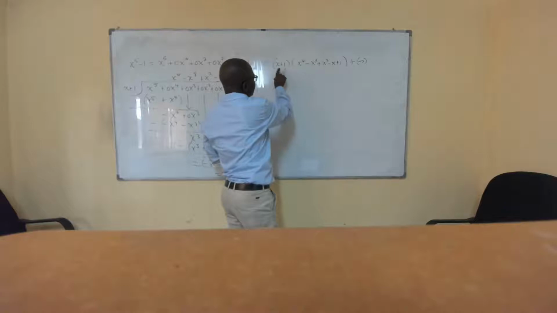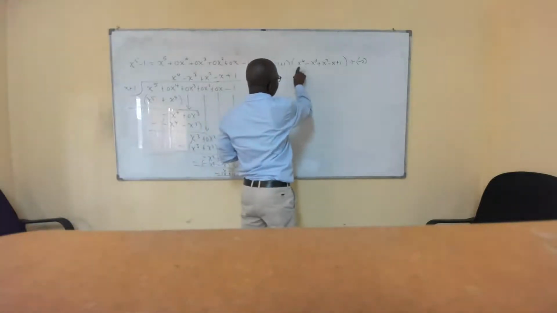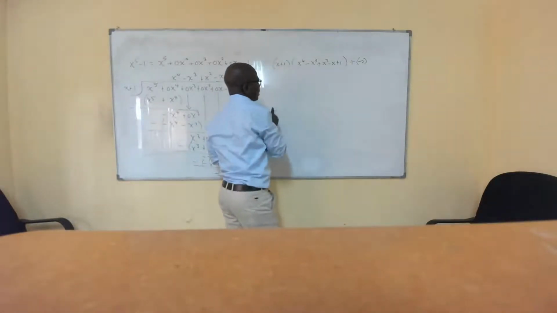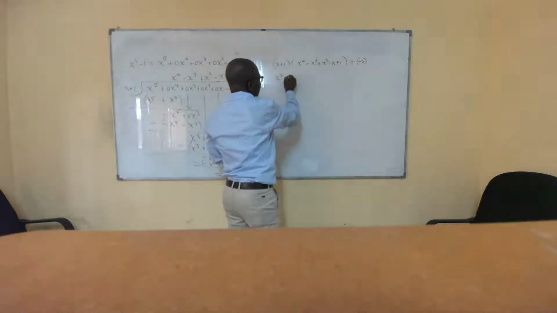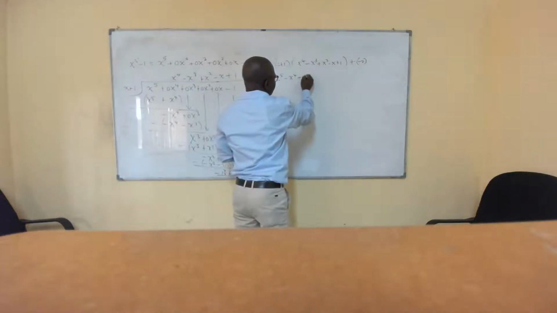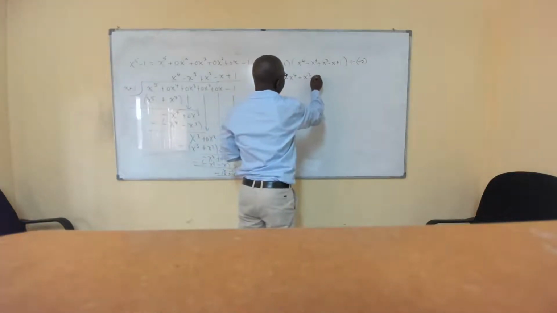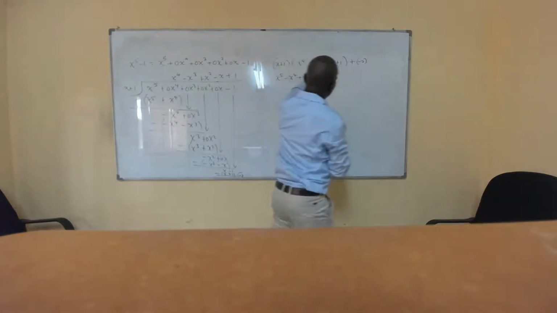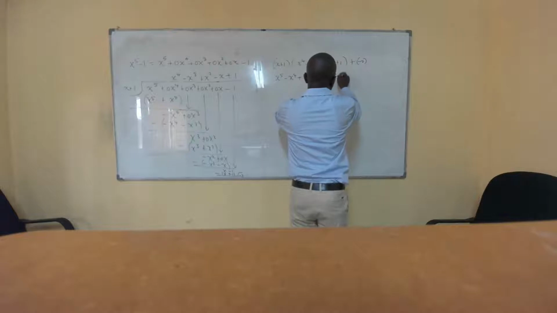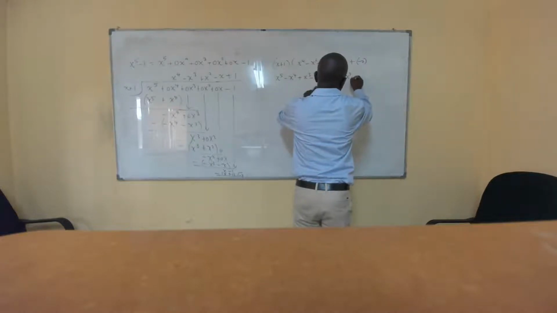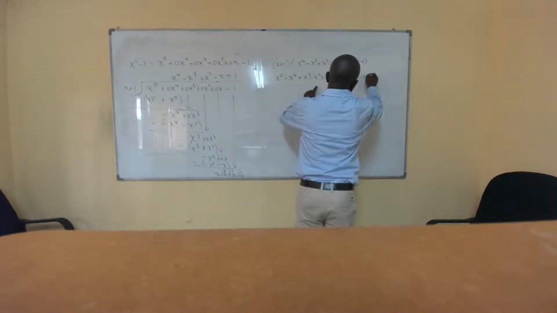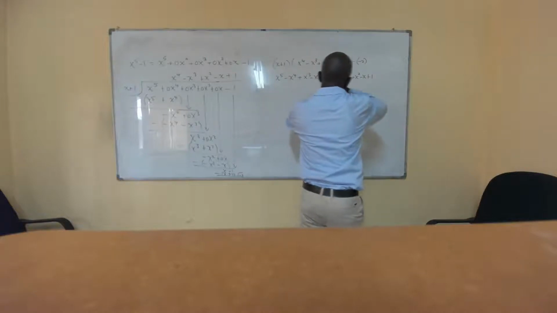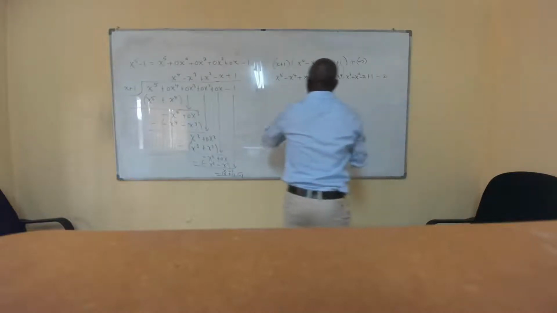Each term here should be multiplied by x. So x to the power 5, x to the power 4 plus x to the power 3 minus x squared plus x. Then this one, multiplying everything: x to the power 4, x to the power 3, x to the power 2 minus x plus 1, right? Then we have minus 2.